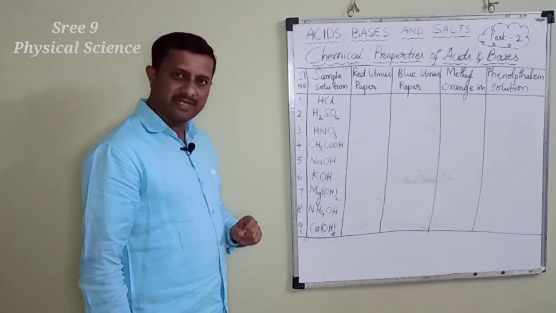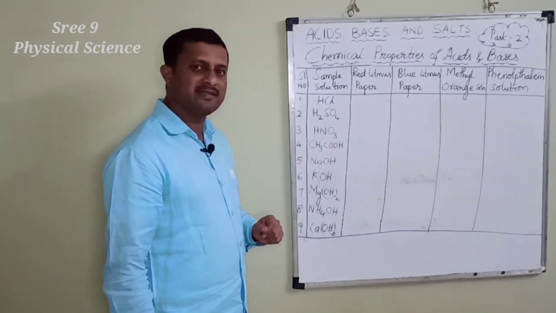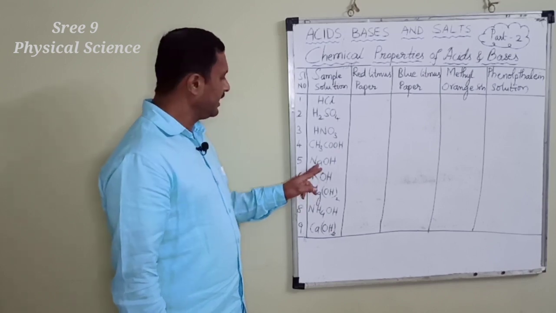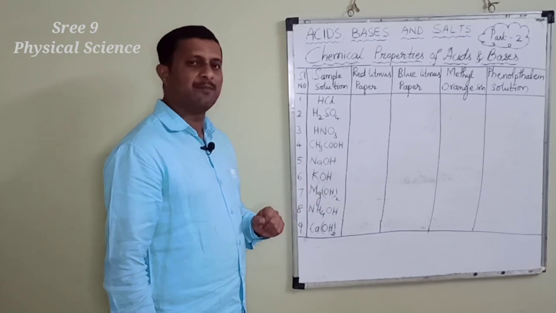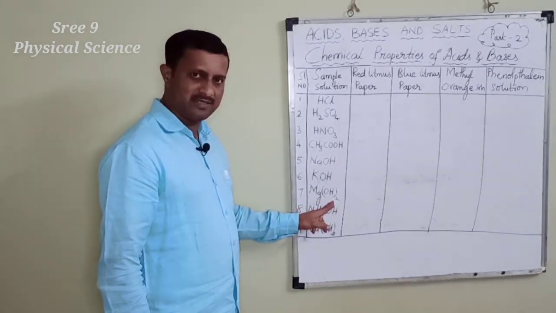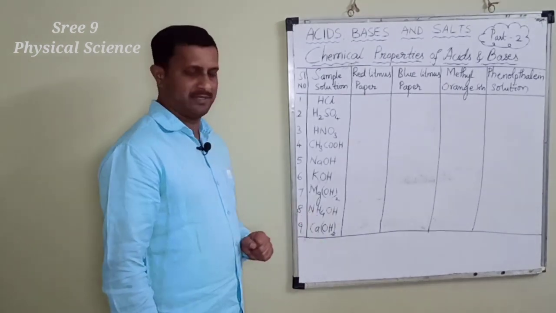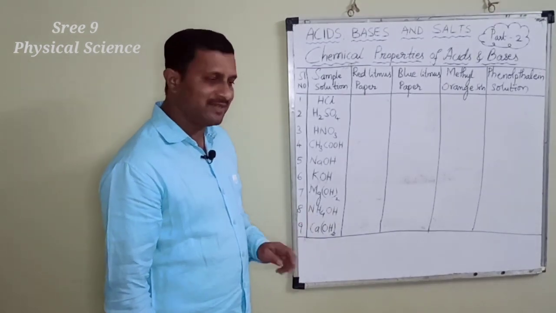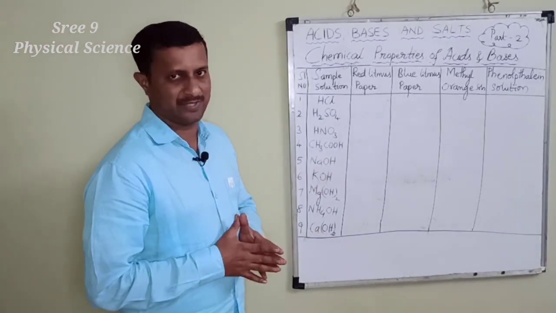HNO3, nitric acid. CH3COOH, acetic acid. NaOH, sodium hydroxide. KOH, potassium hydroxide. Mg(OH)2, magnesium hydroxide. NH4OH, ammonium hydroxide. Ca(OH)2, calcium hydroxide.